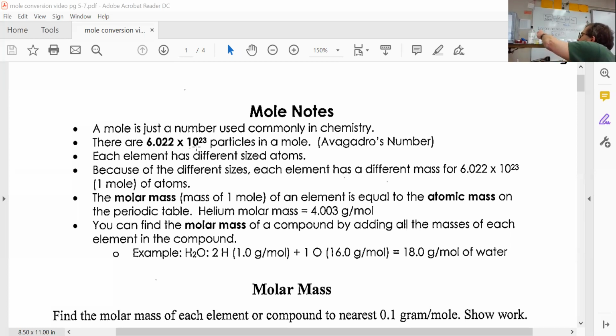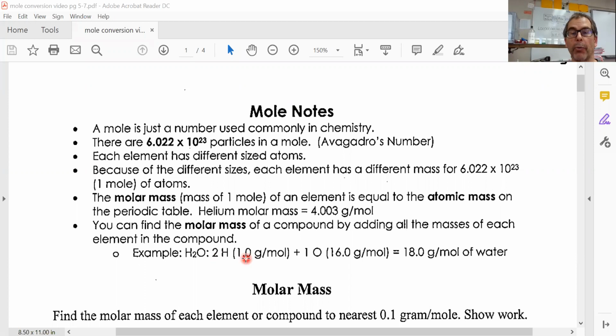Now, we also established that there were a mole of these water molecules, H2O molecules, in this amount of H2O, which would be a mole of H2O, which would be 18 grams of H2O. How did I figure that out? I looked at the periodic table and we established that hydrogens each weigh 1 gram.